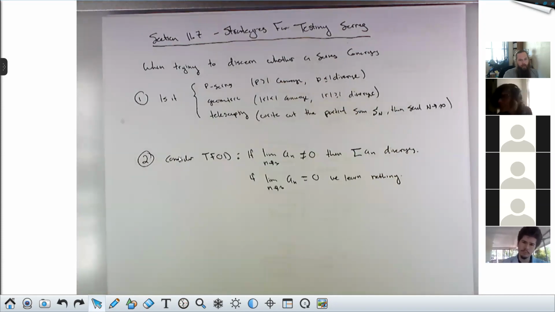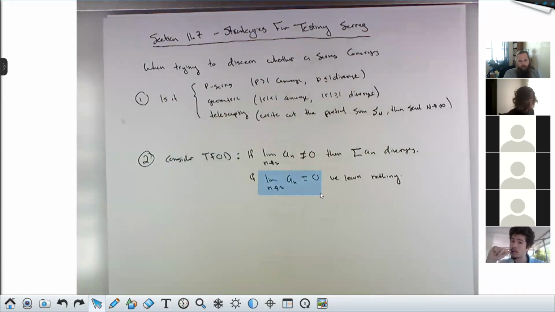I don't say automatically you should run TFOD. I say you should consider it because first off, a lot of times you can just see this. A lot of times it's obvious that the limit of the a_n is 0. And in that case, since you don't learn anything, you shouldn't write anything down. Just think about it. But if it looks like a limit you could take, and it looks like that limit might not be 0, then go ahead and write it down.